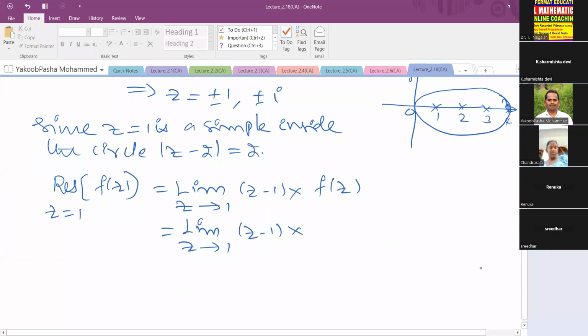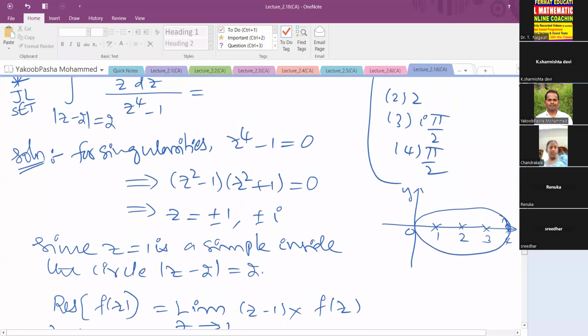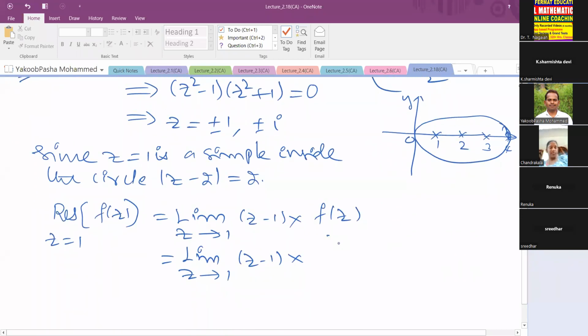f of z is, numerator is z, denominator is z power 4 minus 1. So z divided by z power 4 minus 1 can be written as (z square minus 1) into (z square plus 1). Okay. Here z square minus 1 can be written as (z minus 1) into (z plus 1).